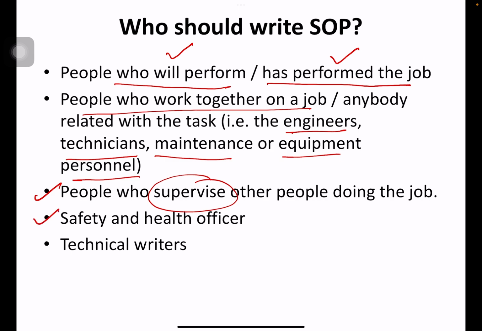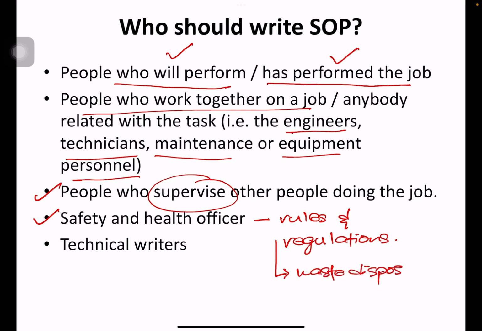Number 4, safety and health officer. We are talking about rules and regulations. There are certain rules and regulations needed, for example, when you are talking about waste disposal. So when they wrote the SOP, this is to ensure that these rules and regulations are being followed.